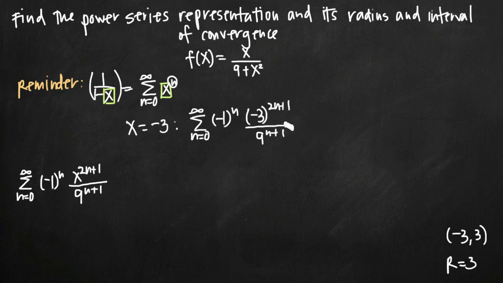And really, this is just going to test our skills with algebra and exponents. We just need to simplify this function and determine whether or not this new series right here converges or diverges. And we can use any convergence test that we want to figure out whether or not this series converges or diverges. But before we do that, we want to simplify it as much as we can.